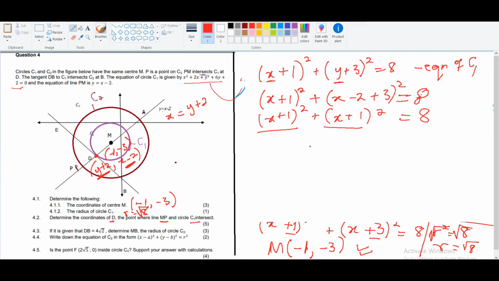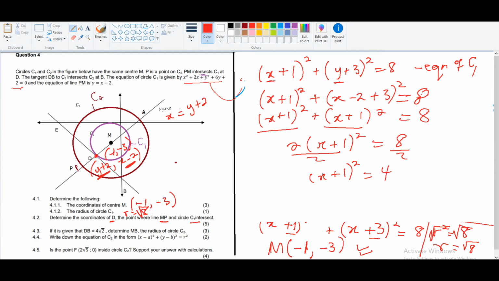So that means you have 2 times (x plus 1) all squared equals 8. If you did not recognize that this is the same thing, it doesn't matter. You can expand and solve the brackets. Now we can divide both sides by 2 to make our life easy. Then you have (x plus 1) squared equals 8 divided by 2, you get 4.